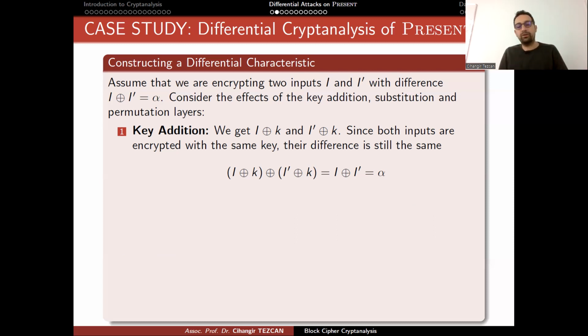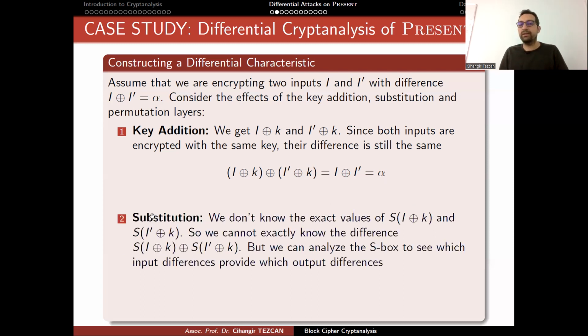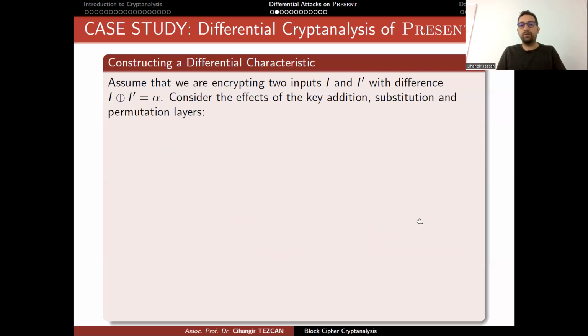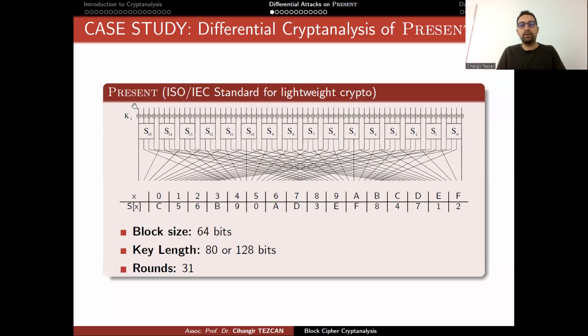Then the question is how the substitution layer affects this. The problem here is that we don't know the exact values of the input, because since we don't know K, we don't know the value I XOR K. If we go back to the picture, I know the I value here, but once I XOR it with the secret round key K, I don't know the value here.